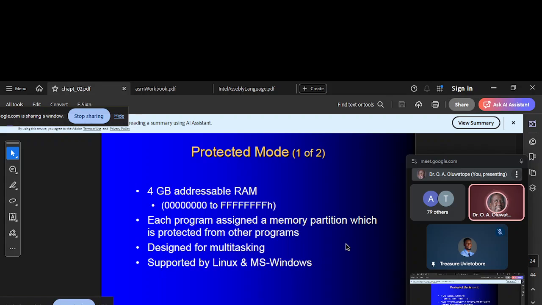So you're able to do multitasking. That is, multiple programs running at the same time on a single processor. And operating systems such as Linux, Microsoft Windows support that, and likewise Android, iOS, almost all the operating systems now support multitasking, support protected mode.